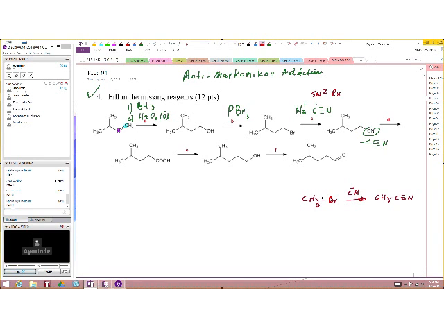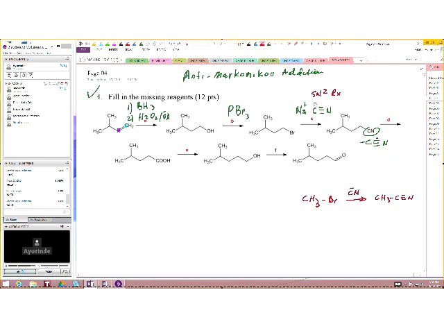So keep in mind, anytime you are dealing with an SN2 reaction, you have a nucleophile, which is the cyanide, attacking this carbon, and then this group will be leaving. That leaving group must be attached to a primary carbon, sometimes a secondary carbon, and sometimes a methyl carbon.